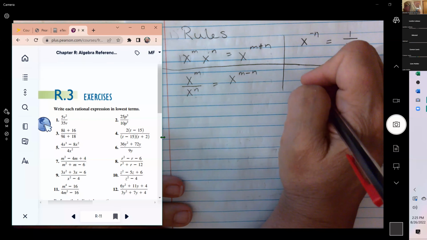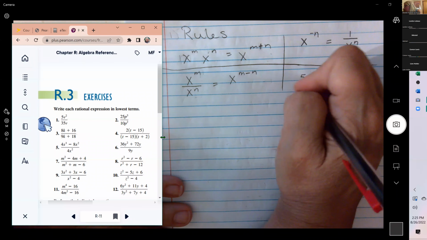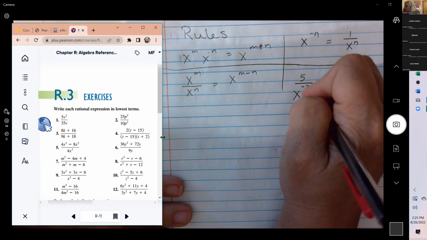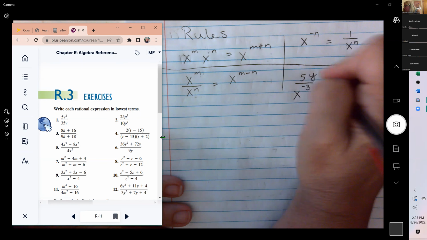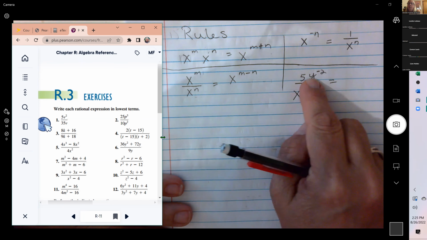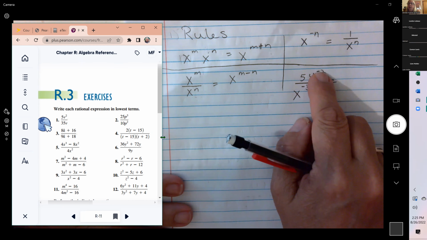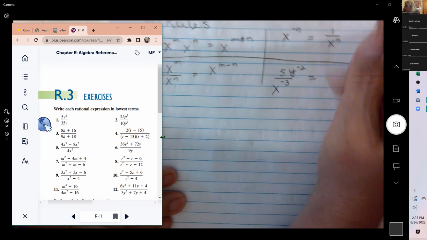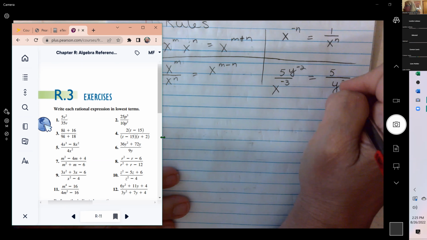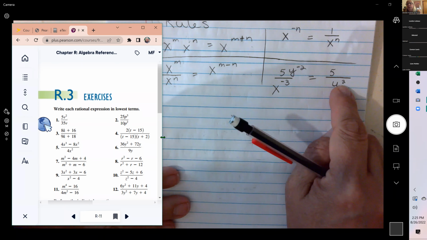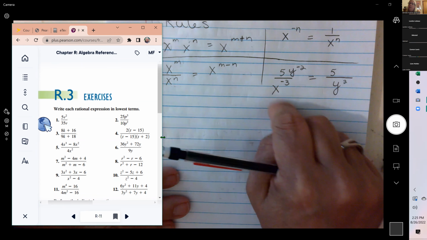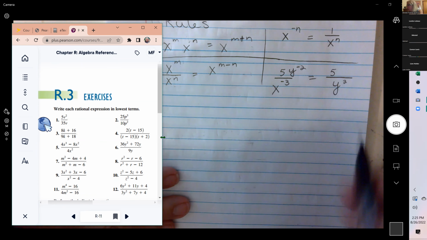If you had 5 over x to the negative 3, y to the negative 2, if it's in the top and it's negative, to make it positive, you move down. It just changes the sign on the exponent. This one is negative. If I move it up, it makes it positive.